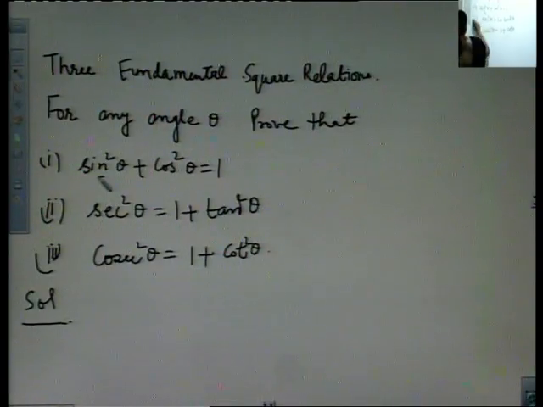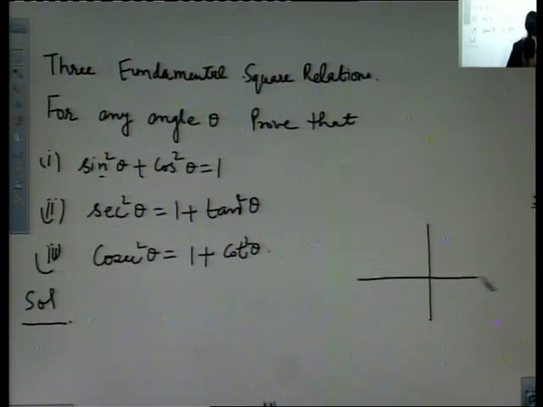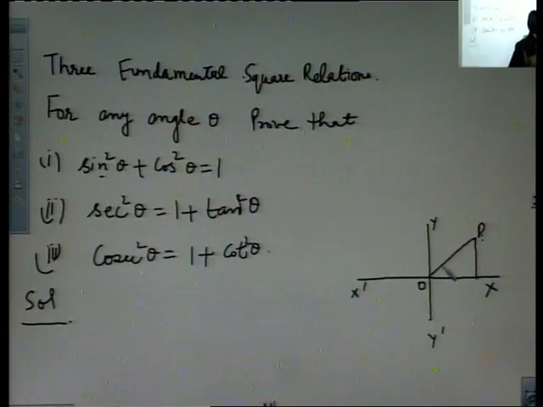We have to prove first, and first of all take X'OX and Y'OY as axes, and let P be a point and OP a revolving line. This line makes an angle theta with the OX.